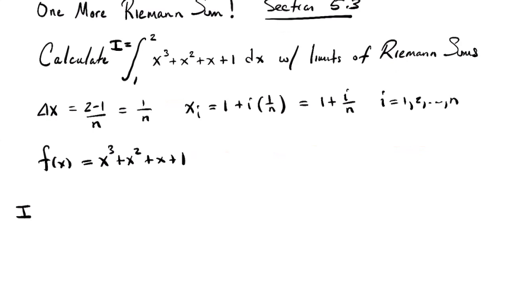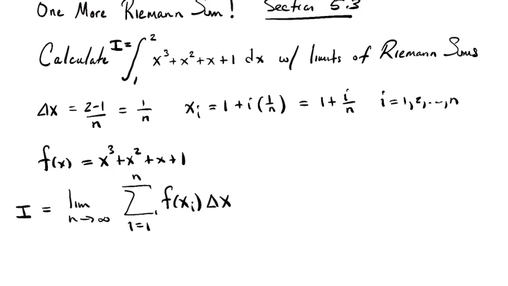That integral, by definition, is the limit of the Riemann sum. The Riemann sum, if we use right endpoints, looks like the sum of f of x sub i, i goes from 1 to n, times our delta x. And we exactly have the information that we need to plug into that.